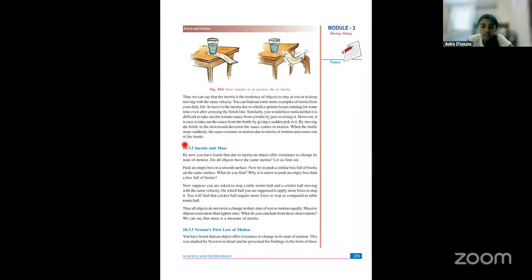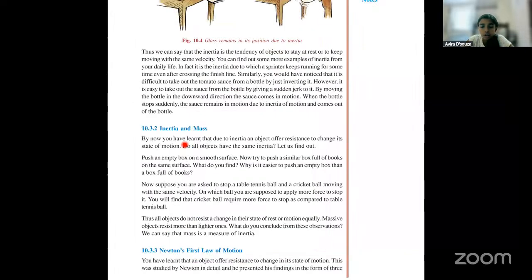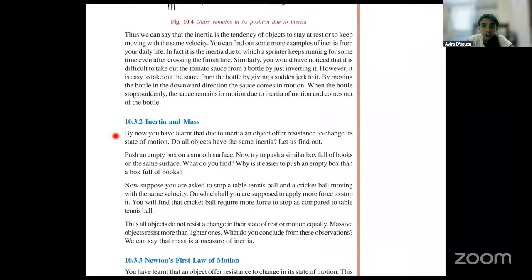Inertia and mass. By now you have learned that due to inertia, an object offers resistance to change its state of motion. Do all objects have the same inertia? Let us find out. Push an empty box on a smooth surface. Now try to push a similar box full of books on the same surface. What do you find?